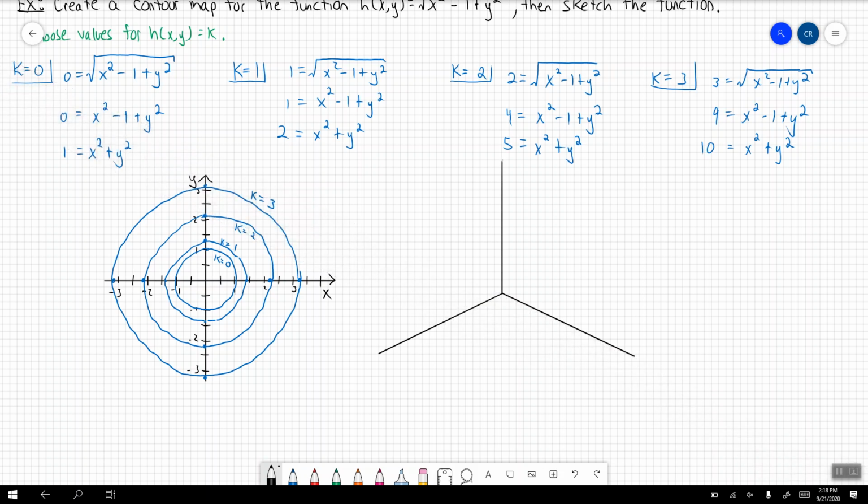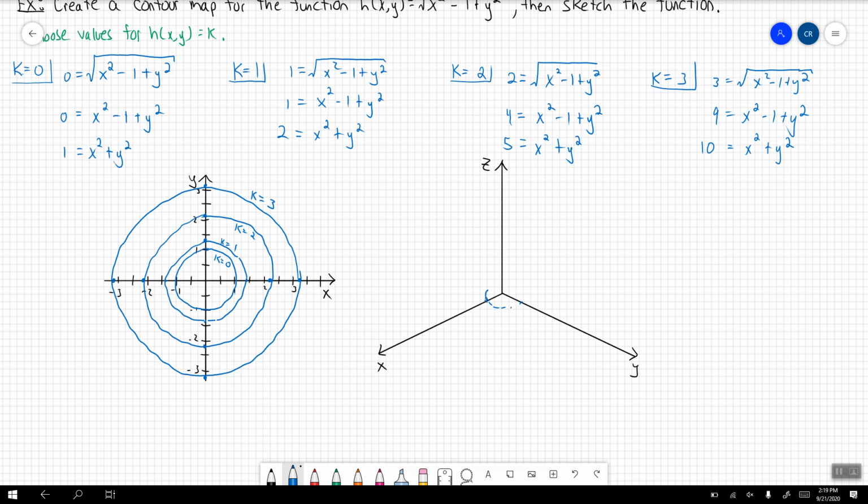So here we go. We have our z, our x, and our y. As we look at these level curves, we know the level curve at k equal to 0 is going to be down here on the x and y axes because it's 0, 0. I'm just going to identify that we have a curve of 1, and there's that circle.